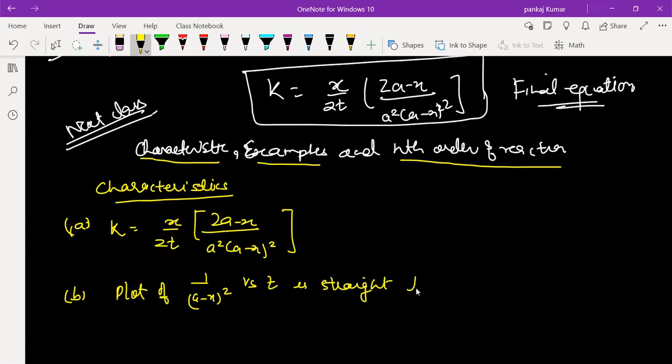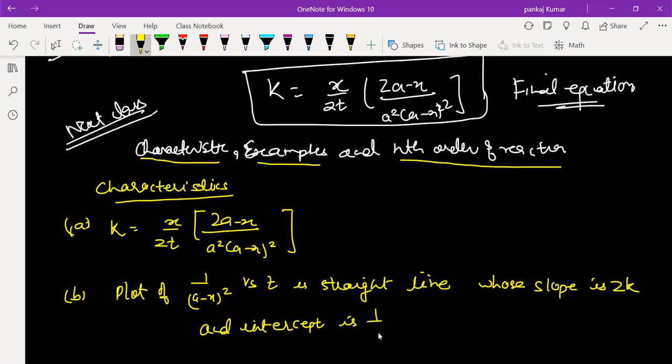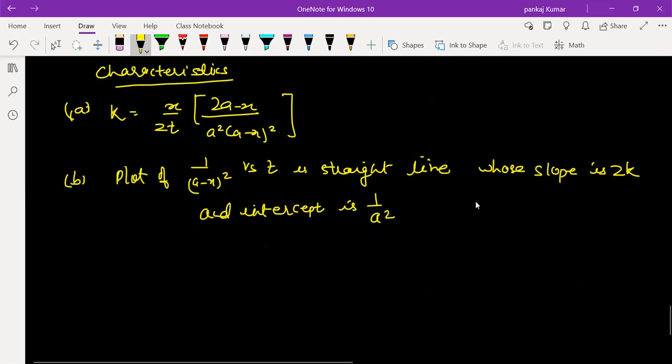It will be a straight line whose slope is 2k and intercept is 1 by a square. You can see from here also. The intercept will be 1 by a square.